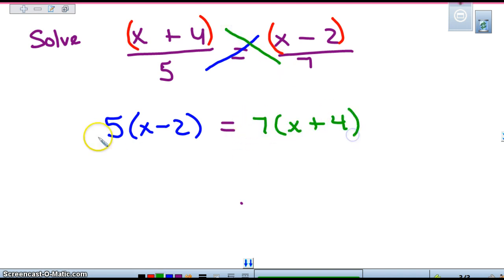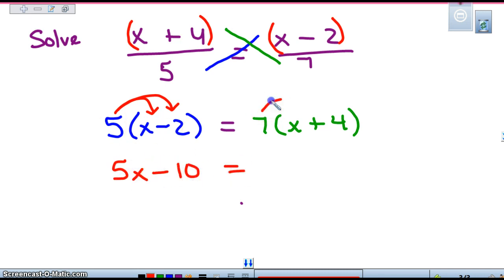What happens here with these parentheses? What do we have to do? Distribute: 5 times x, 5x, minus 5 times 2, 10, equal to 7 times x, 7x, plus 7 times 4, 28. At this point we can solve our equation.